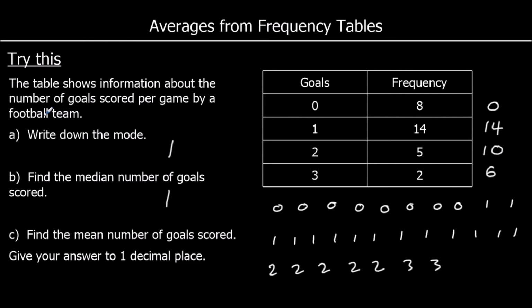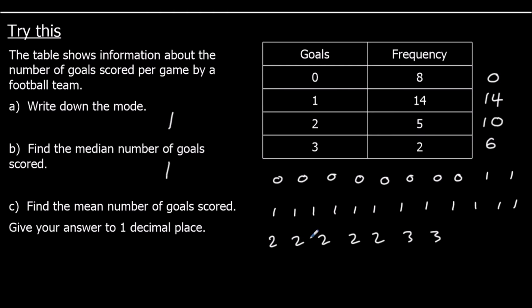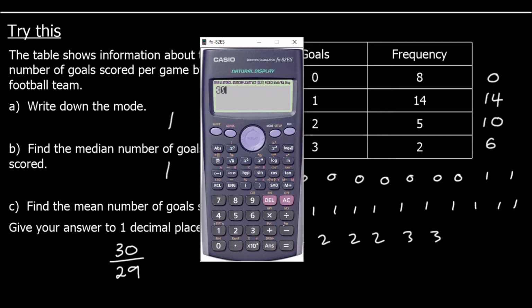So 30 goals in 29 games. So what is the mean? So if we do 30 divided by 29 to 1 decimal place, we've got 1.0.